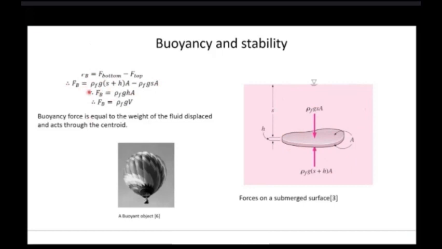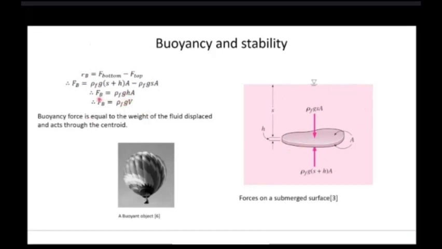Okay. So our buoyant force is rho g (s + h) times A, minus rho g s times A. So clearly the rho g s A terms cancel, and we end up with rho g h A. So the density of the fluid times gravity times hA, hA being the volume of the object.